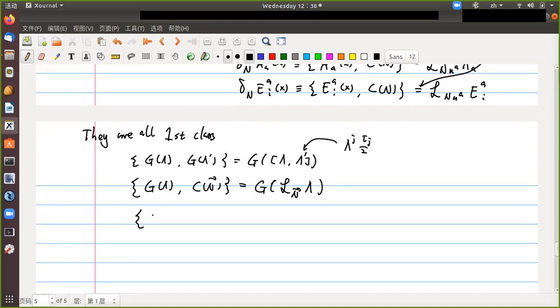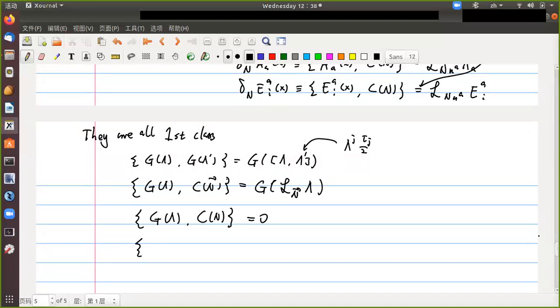The Gauss constraint with the Hamiltonian constraint just gives 0.